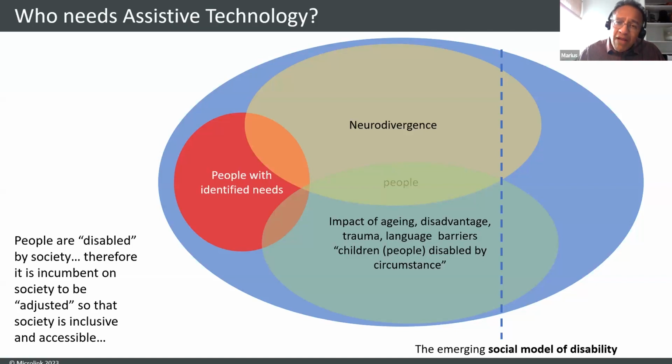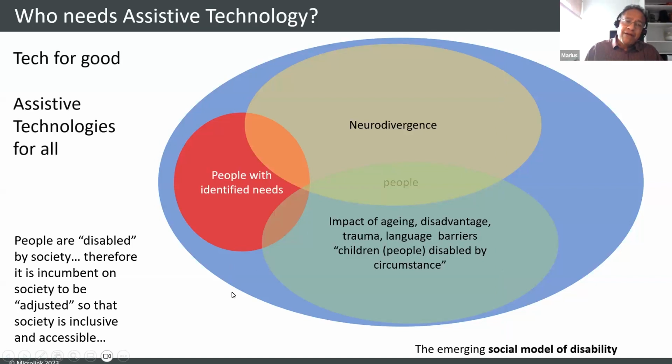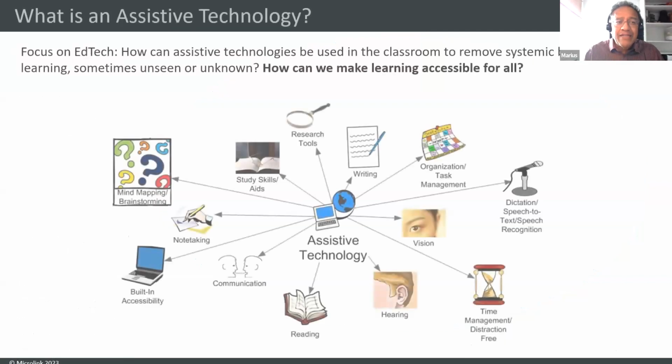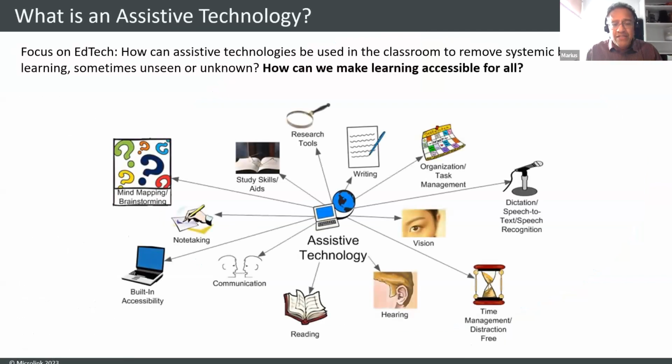Well, if we include and if we adjust society to be accessible, let's take that barrier out. And let's think about tech for good, assistive technologies for all. And it is within this context we celebrate a range of possibilities that assistive technologies can bring to the classroom to remove systemic barriers, to make learning possible for needs that are sometimes unseen and unknown.